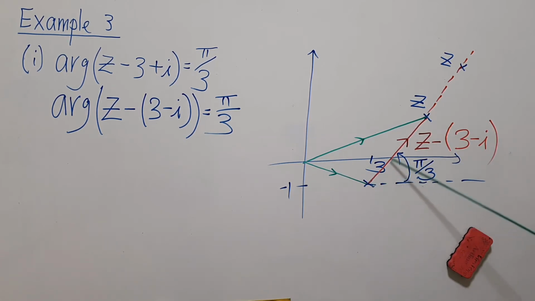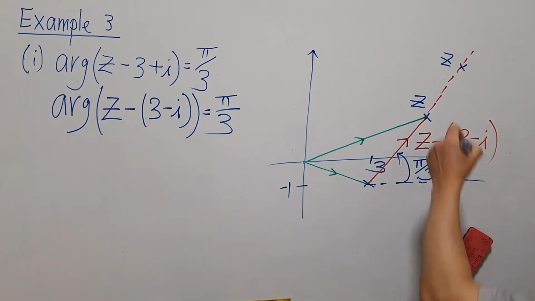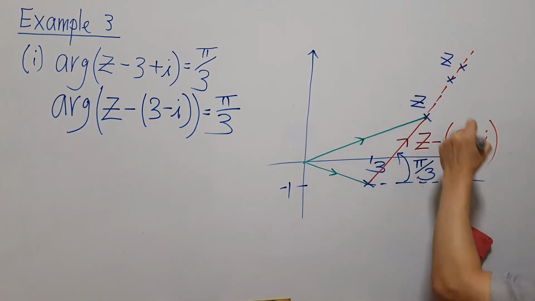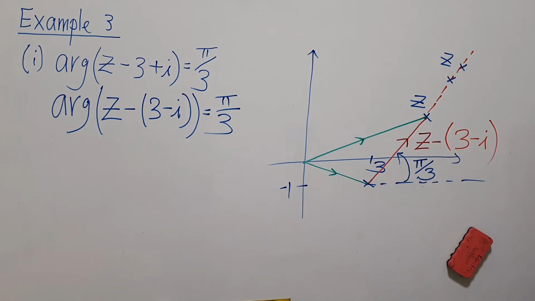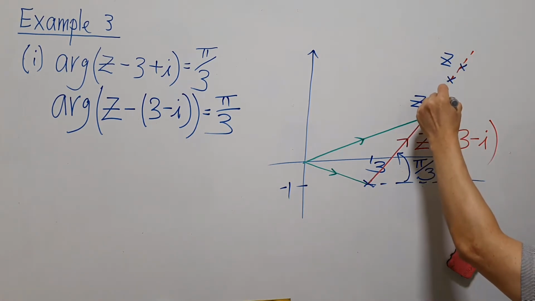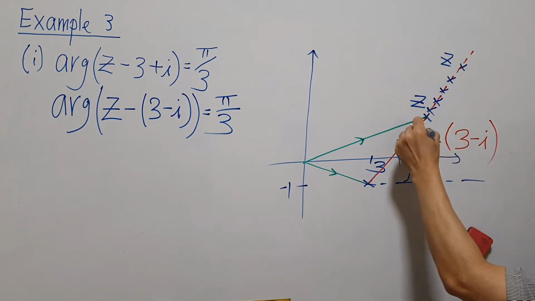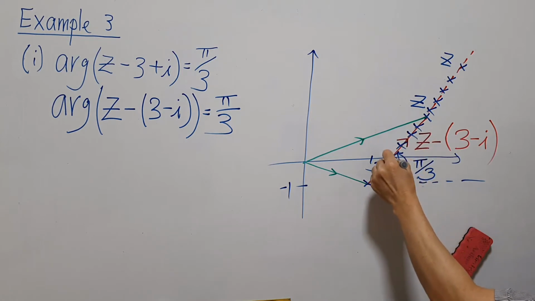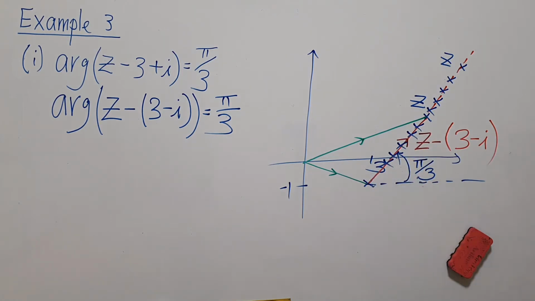As long as a point is along this dotted line, it will also satisfy the same equation. Very soon you realize that if I have another point here, it will also satisfy the same equation. In fact, all points along here will all satisfy this equation.